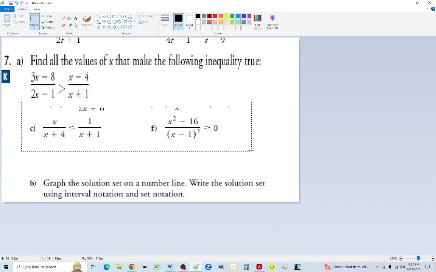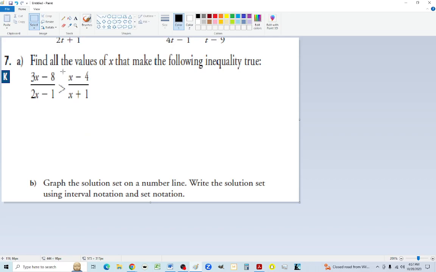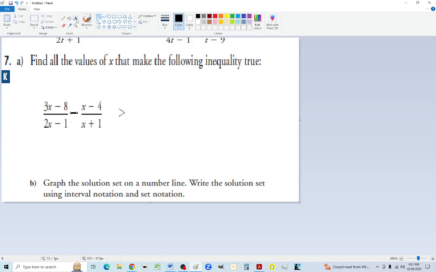So if we first get it all onto the left side, I'm going to do it like this, and we're going to have a minus there, and it's going to be 0 here. So bigger than 0.